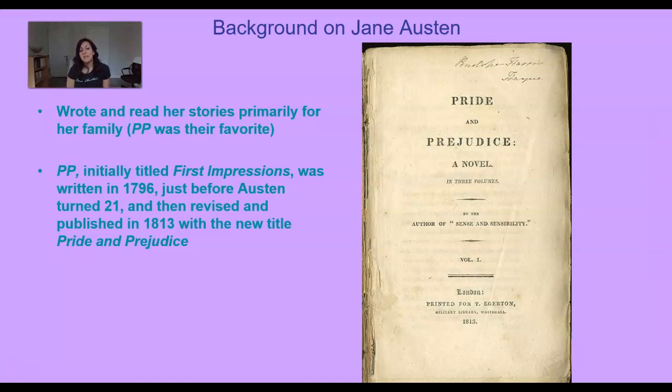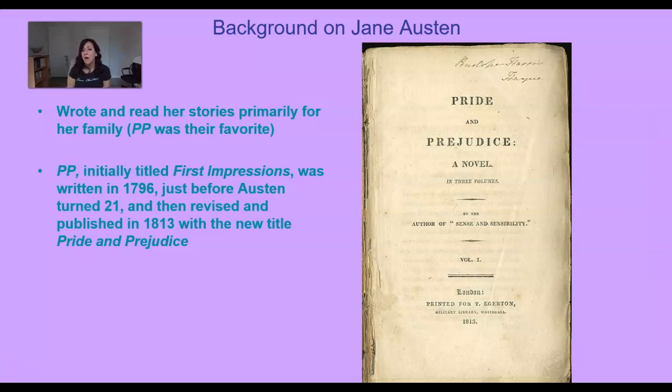And one of the things that they mentioned about her was that she was very much a private person. She was a very reserved person. She wasn't in the public eye a lot. She would write these stories mainly for herself and for her family members. So she was very much a family oriented person.